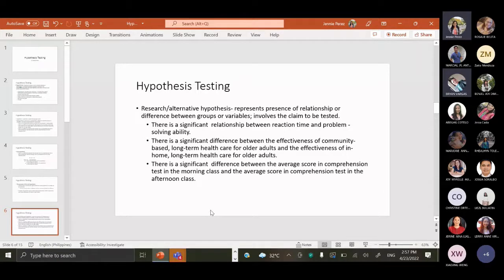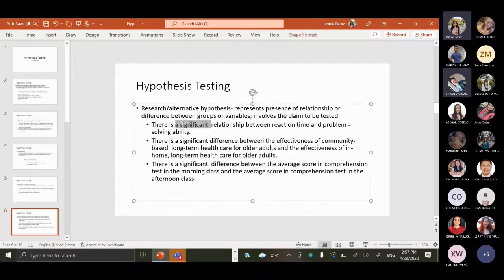There is a significant difference between the average score in comprehension test in the morning class and the average score in comprehension test in the afternoon class. So this is a research or alternative hypothesis. Why is that?